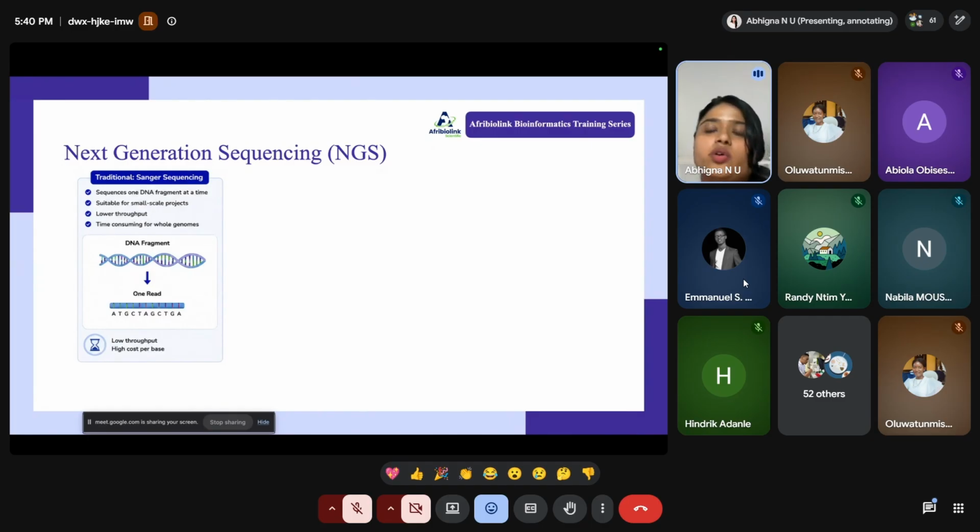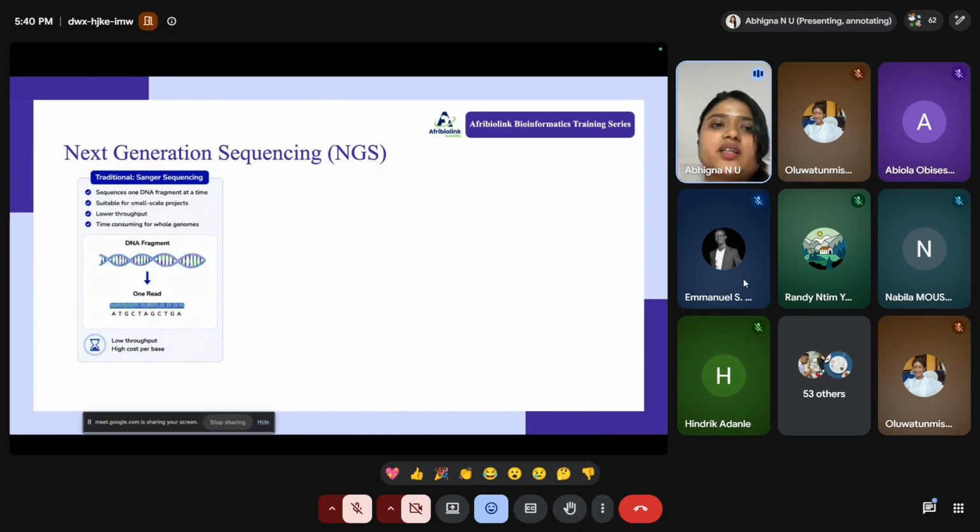For example, if you have cultured a bacterium and you want to identify it, you go for 16S sequencing, which sequences only one bacterium, so it is enough. Throughput is low, it gives one read per sample and has a high cost per base, but it is enough if you want to sequence a single one.